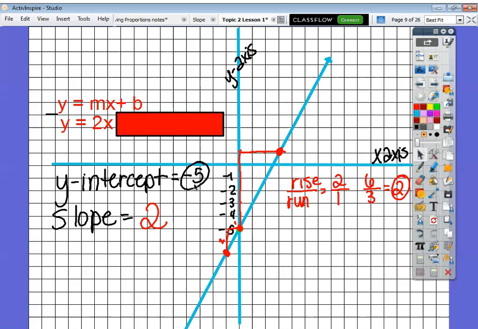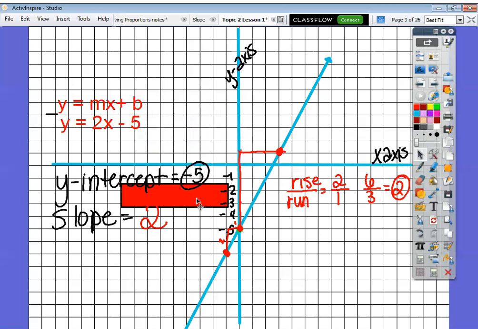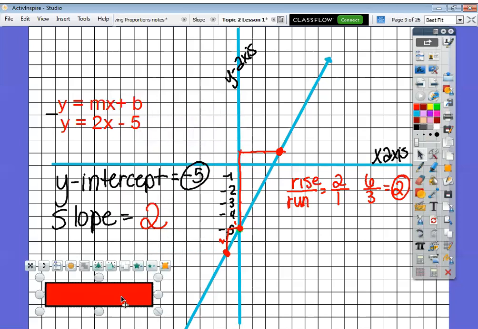My y-intercept is at -5. So instead of writing plus -5, I can just write minus 5, and it's the same thing. Remember, y equals 2x plus negative 5 is the same thing as minus 5. Those are exactly the same.